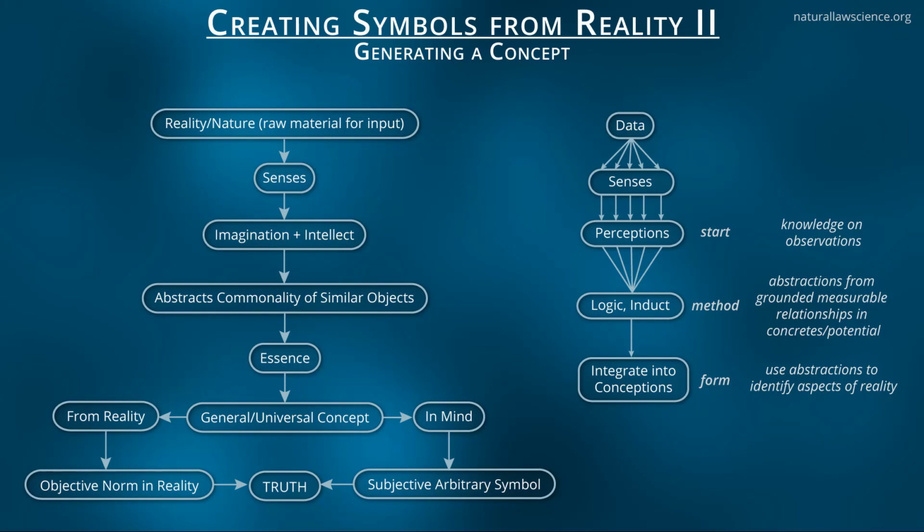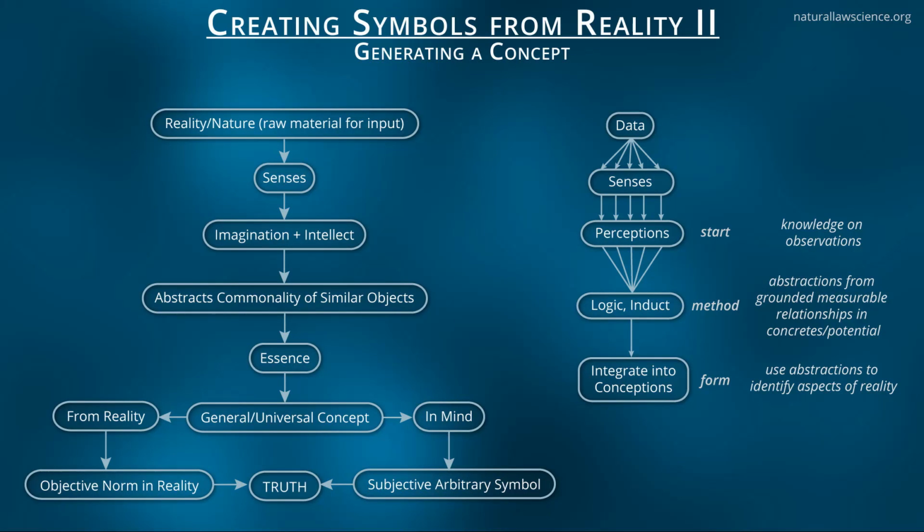We use abstractions to identify aspects of reality. So reality induces conceptions, which are abstractions, and then we can use those abstractions to further identify and deduce aspects of reality. Logic is powerful. It's the most important.